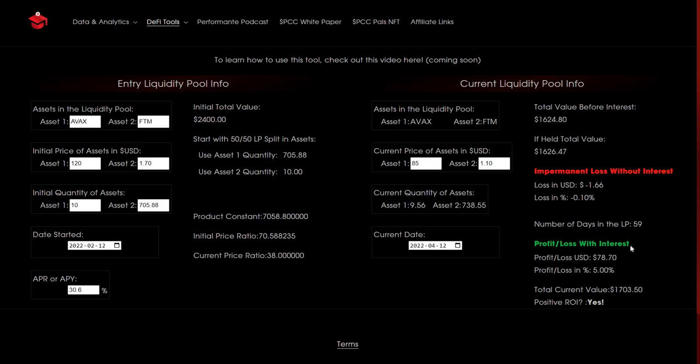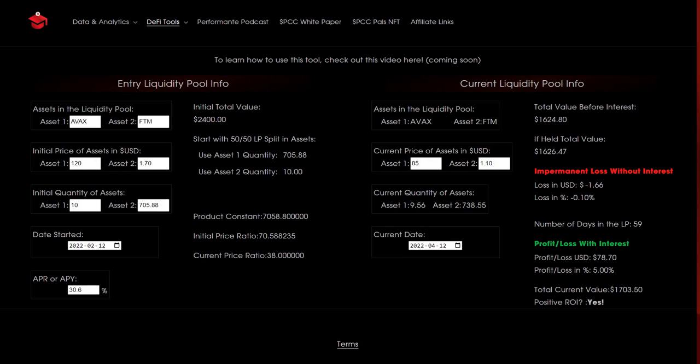The profit loss with interest is the main area that we want to be taking a look at. We can see this is the interest that we were able to accrue in the 2 months between February 12th of 2022 to present day, which is April 12th, 2022. We made $78, which is 5%, which is a pretty good amount.